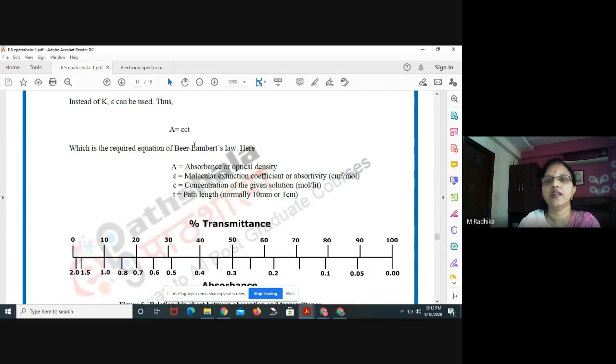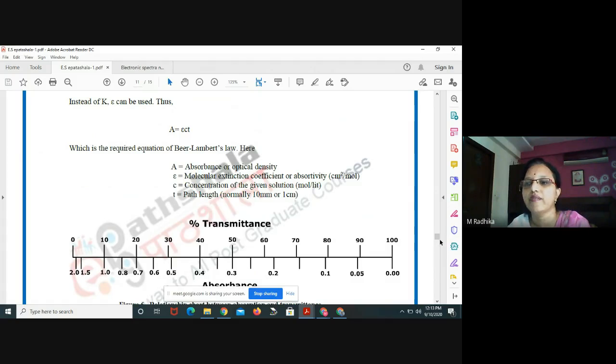Then Beer-Lambert's law is A equals absorbance or OD, optical density, is nothing but epsilon Ct. C is the concentration. So absorption increases as the concentration increases and the path length also increases. This is directly proportional to these two.